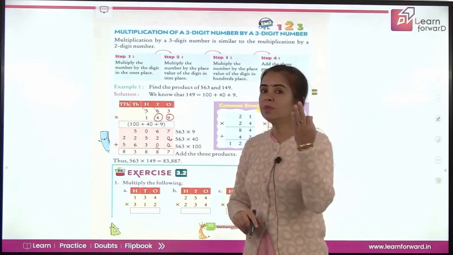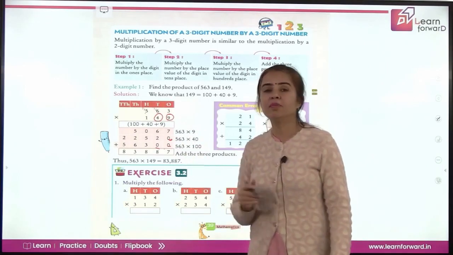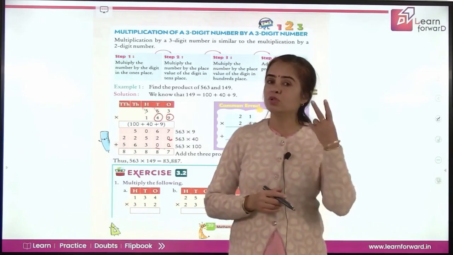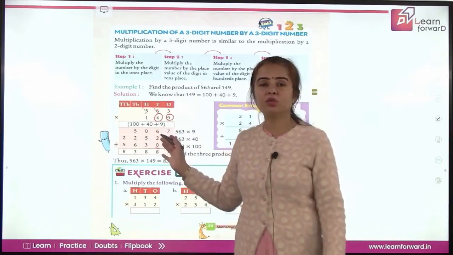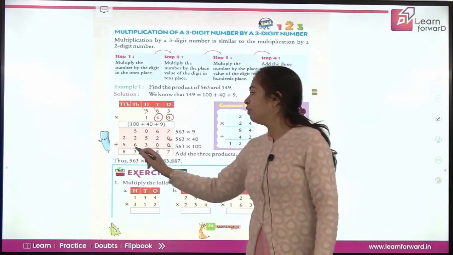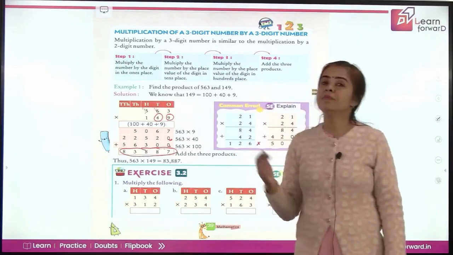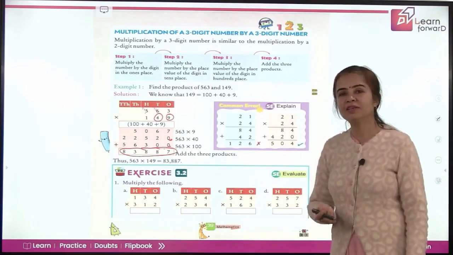Now you have 3 products in 3 steps. You will be adding them. Just like in multiplication by 2-digit numbers, you used to add those 2 numbers together, here we will be adding these 3 products together. And the final answer, 83,887 that you get is your final product, right?